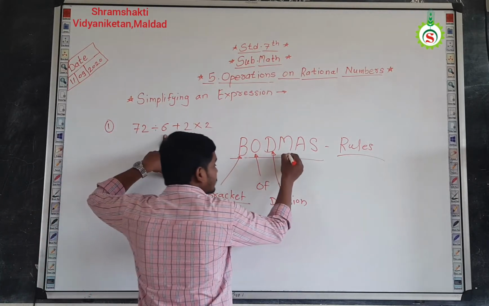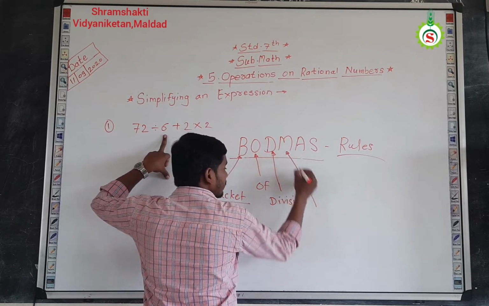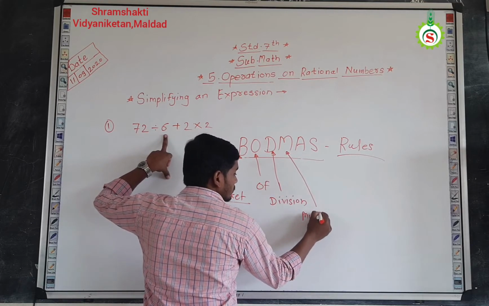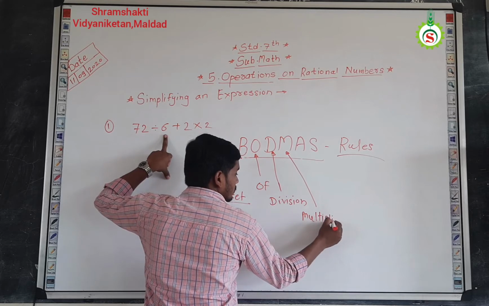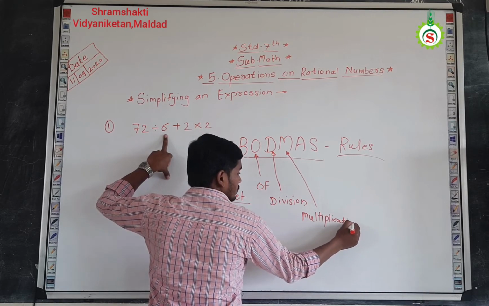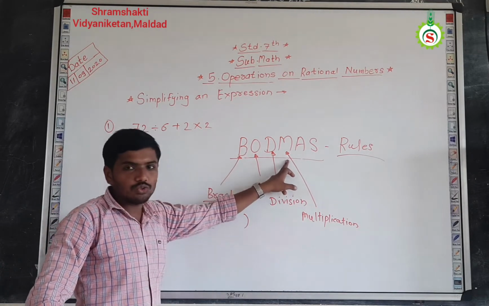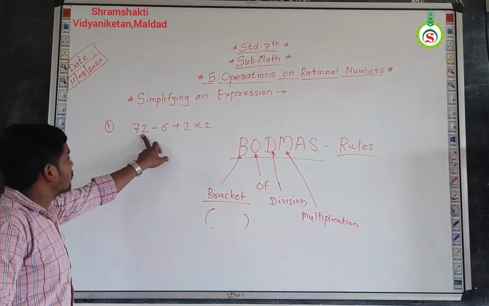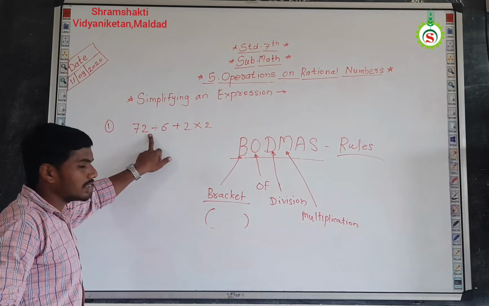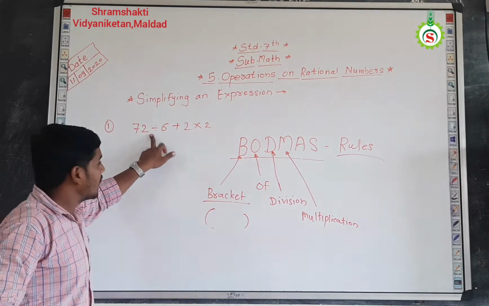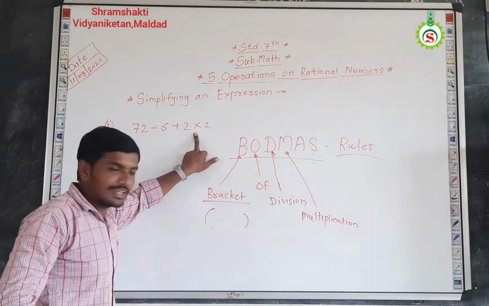Then M. Obviously M means multiplication. After the division, what do I have to solve? Multiplication. So in this expression I will solve the division first, because there is no bracket. After the division, I will do the multiplication.